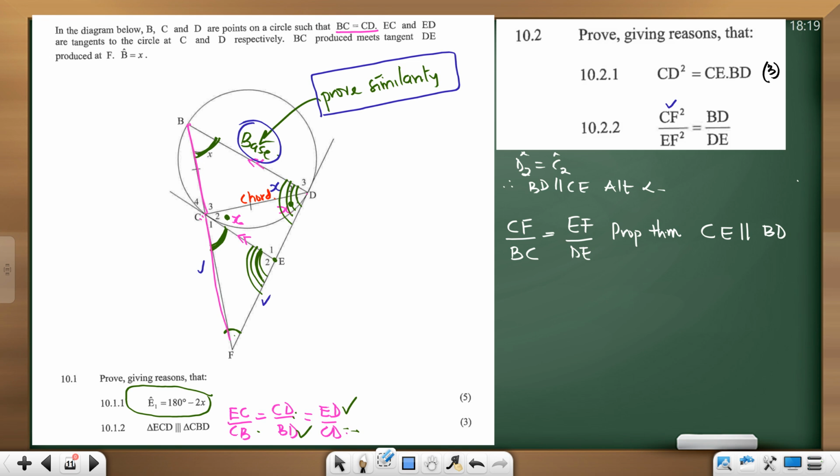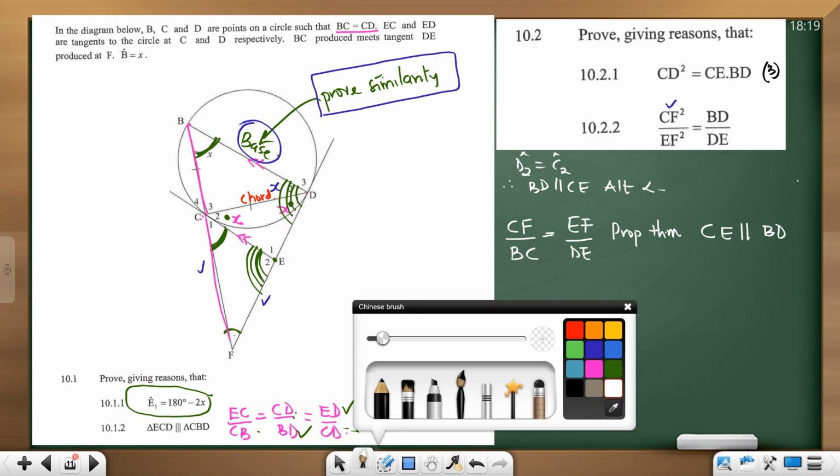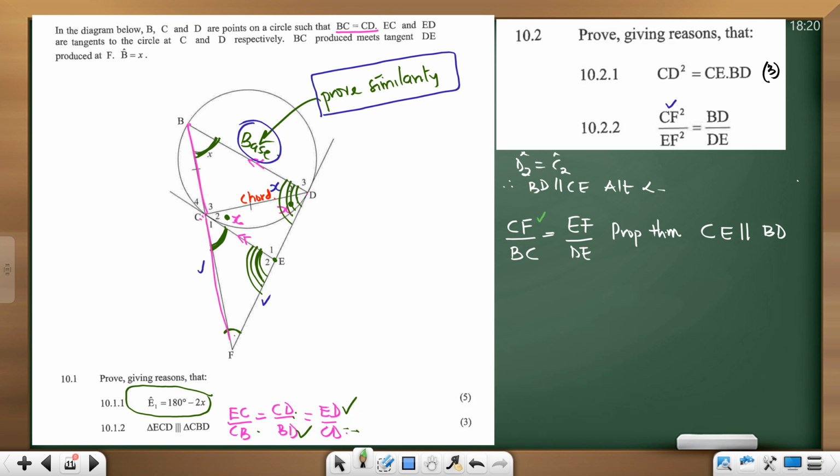Are you okay with my proportionality theorem? Let's come back to this page. Beautiful. Why proportionality? The examiner wants CF, which I have, EF, which I have, and DE, which I have, and my problem is BC.